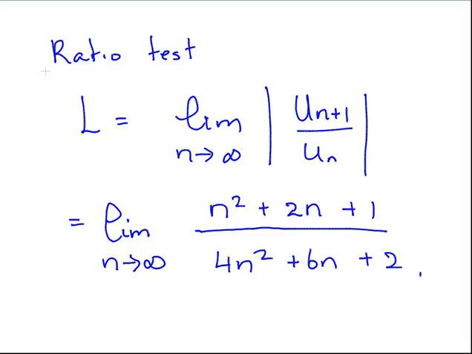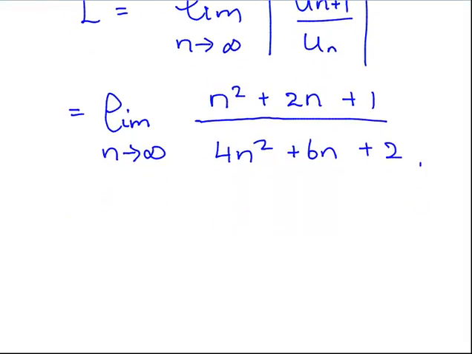We're going to use general rules for limits and divide both the numerator and the denominator by the highest power of n, that is n squared.